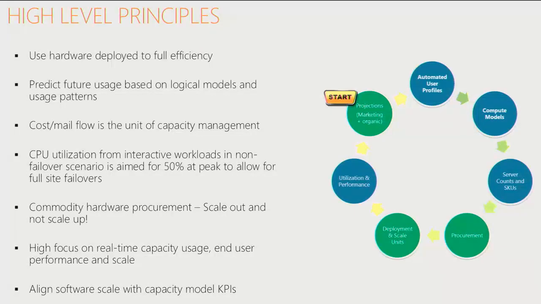So starting with the flow, we start with projections like any other capacity planning exercise, but these projections have two flavors. One flavor, of course, is what comes from our marketing in terms of signals they are getting from the market, like how many users of what different service plan type will be onboarding. And then the other thing is we look into organic signals a lot also.